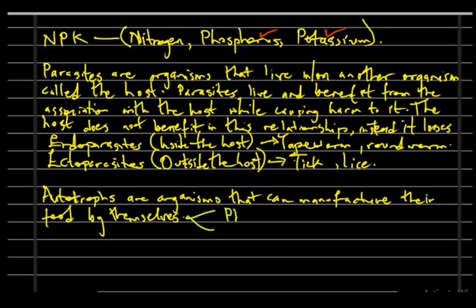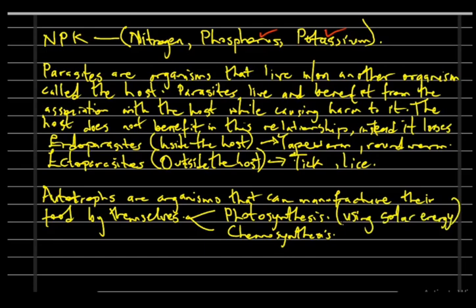We have photosynthesis, and the second one is chemosynthesis. Photosynthesis is when the plants or the autotrophs, usually the green plants, absorb energy from the sun, with the nutrients and the water from the ground, to manufacture their food, while chemosynthesis is when they make use of chemicals. This one is using solar energy, while this one is using chemicals.